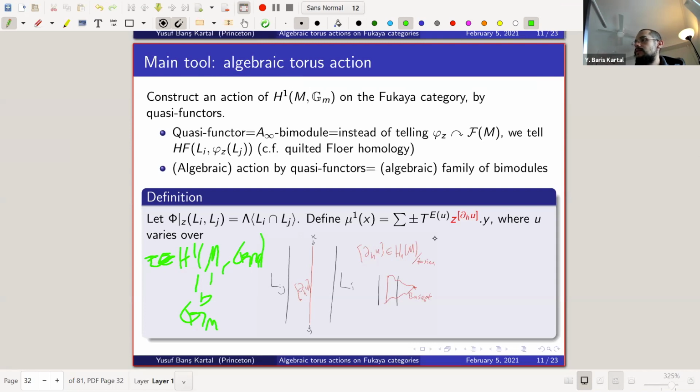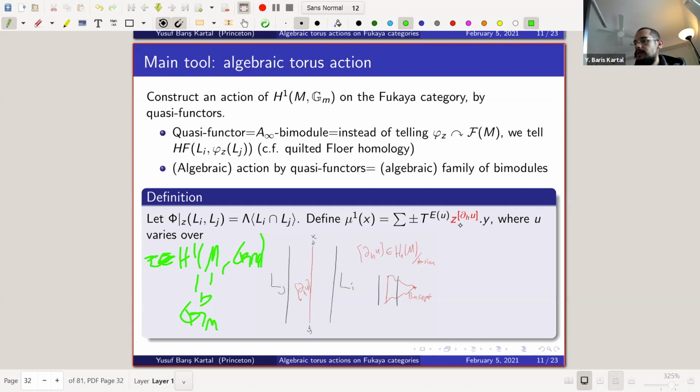Is that okay? I'm just trying to compile the expression for mu1. Yeah. So t is a variable we already have in the coefficient ring, so I'm happy with that. And then y is an element of this Li intersection Lj.